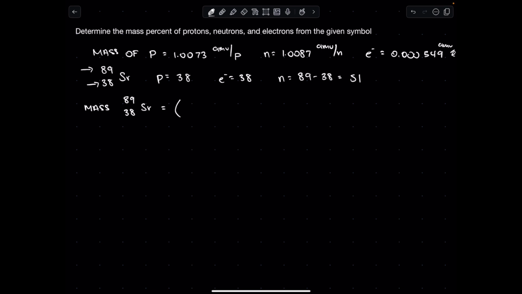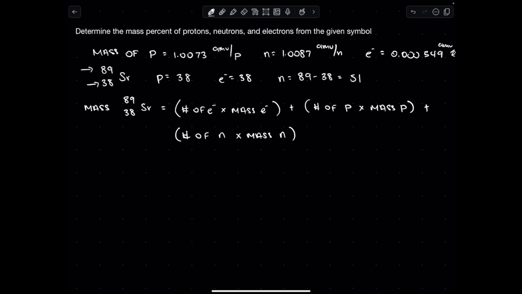That's going to be our number of electrons multiplied by their mass, plus the number of protons multiplied by their mass, finally, plus our number of neutrons times our mass of our neutrons.